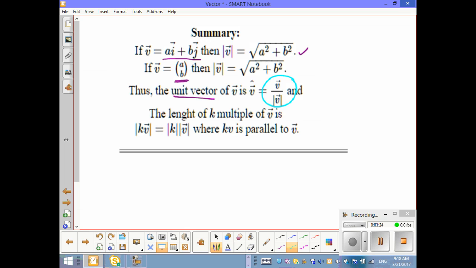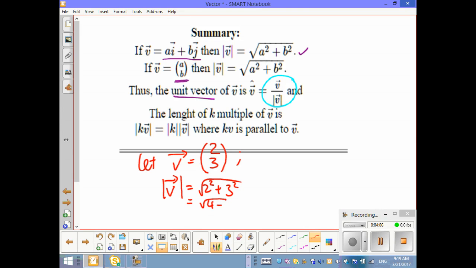So for example, let v be equal to, let's say, 2 and 3, in this case. Then the unit vector of this means that I have to first find the magnitude. This is 2 squared plus 3 squared. So this is 4 plus 9. So this is square root of 13 again.